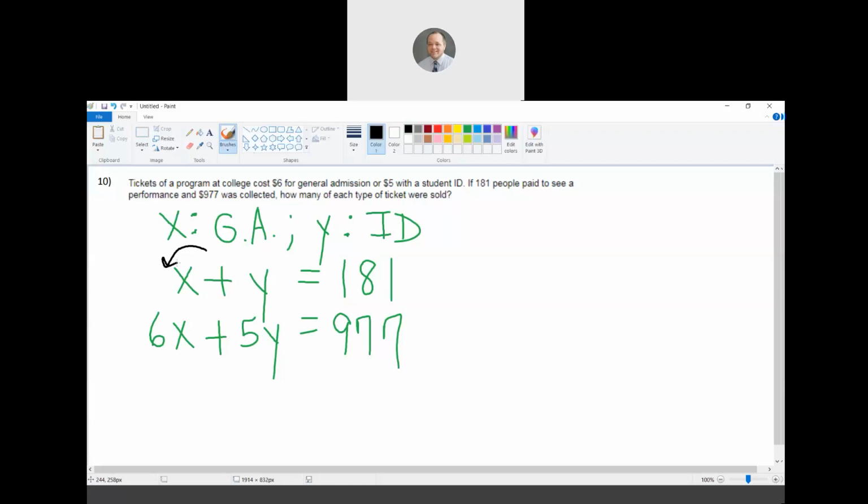So to get that desired multiplier, multiply the entire first equation by -6. So that gives us -6x minus 6y equal to -1086.